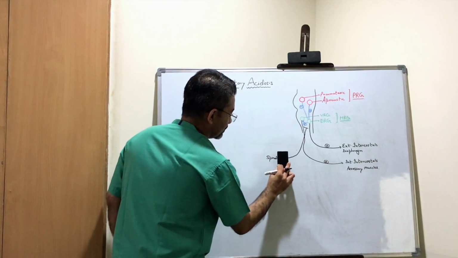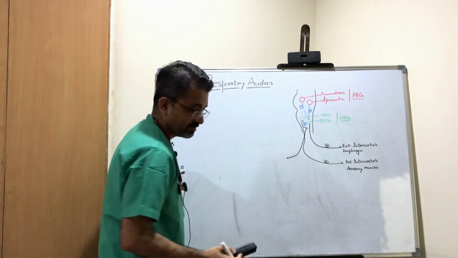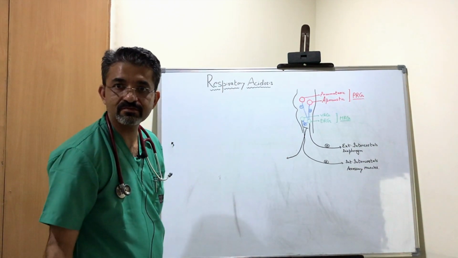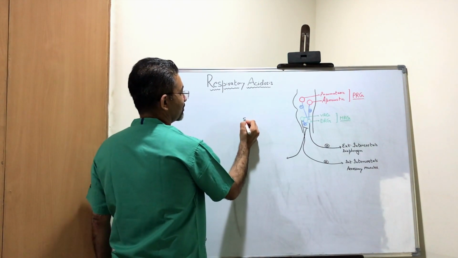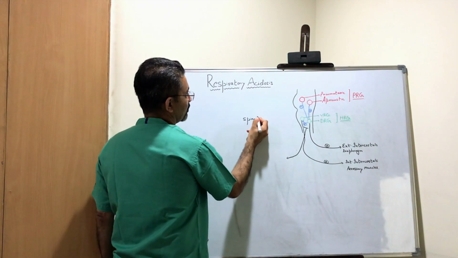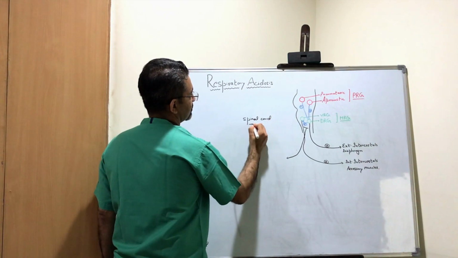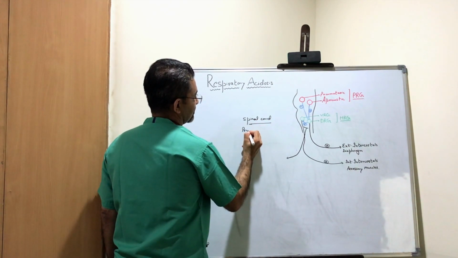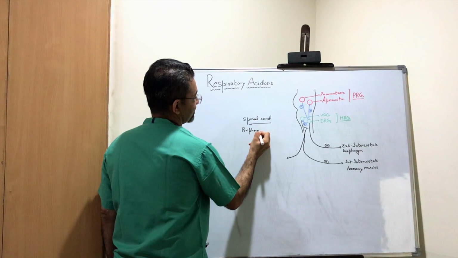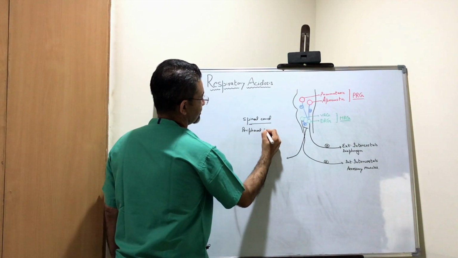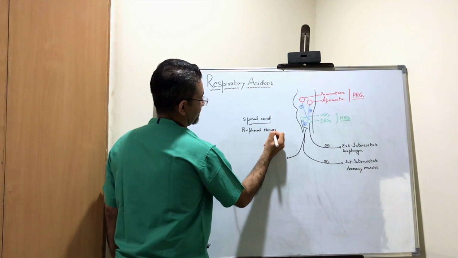Now you go to peripheral nerves. From a spinal cord, we go to peripheral nerves. In peripheral nerves, the problem can be autoimmune involvement, such as AIDP.